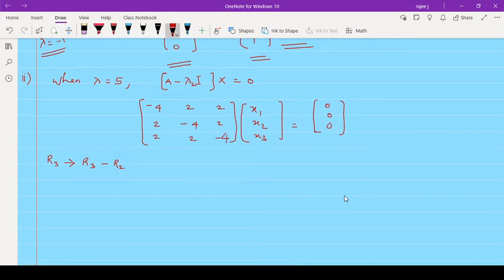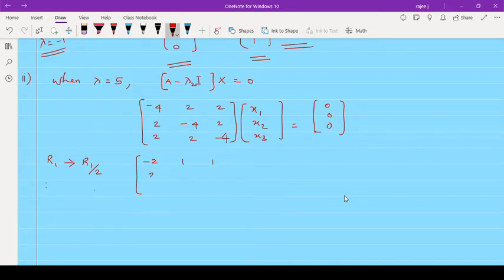So R3 minus R2 if I do, or suppose firstly I am dividing, R1 changes to R1 divided by 2, then this becomes minus 2, 1, 1, R2 changes to R2 by 2. Okay, let it be like that only, because for subtraction that will be easier now.